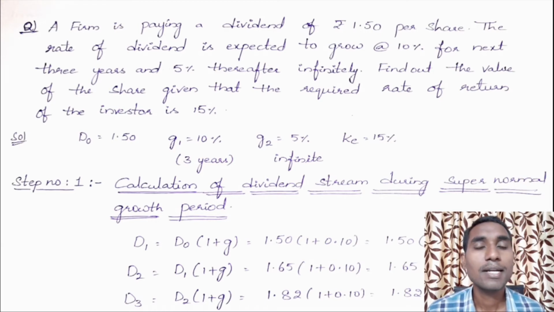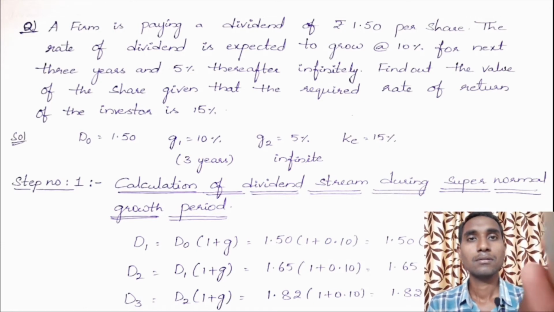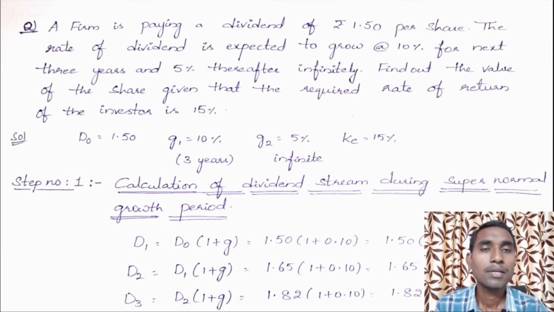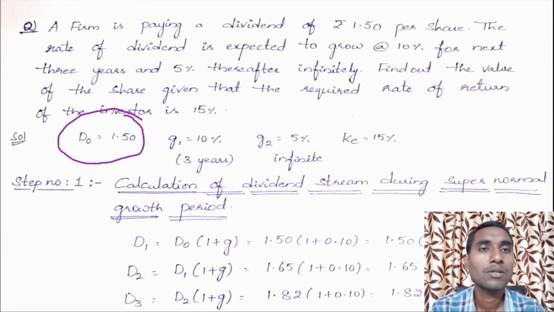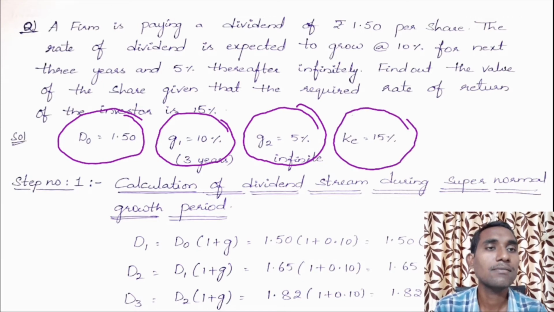Now let us look into the solution part. Here we have D0 equals 1.50. We have two growth rates: one is 10% for 3 years and 5% for the infinite life period, and K is 15%.